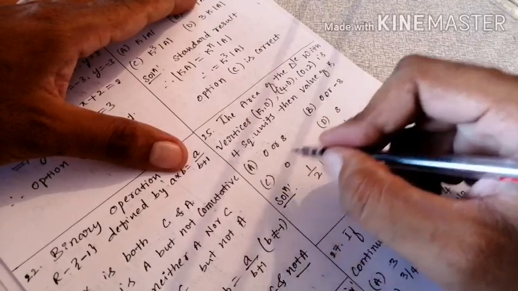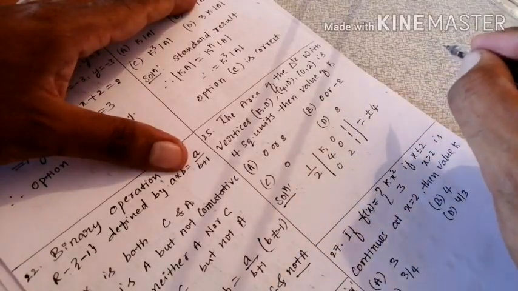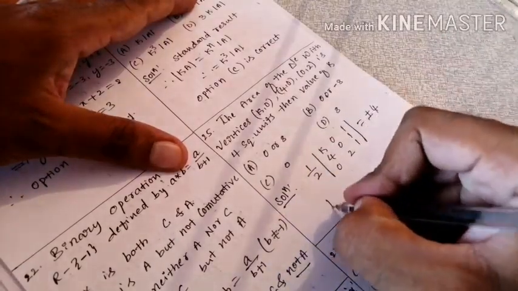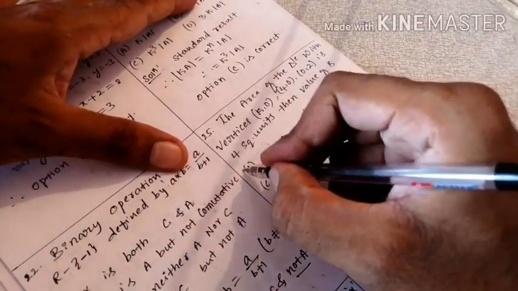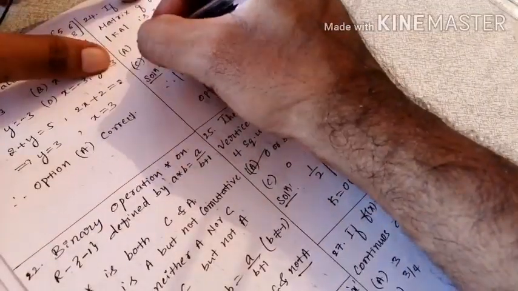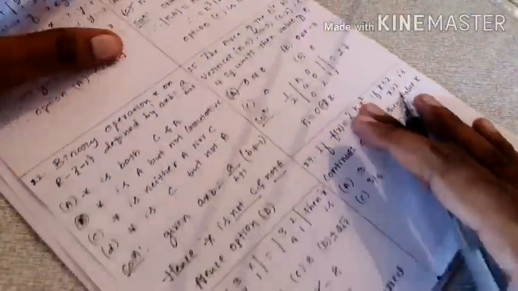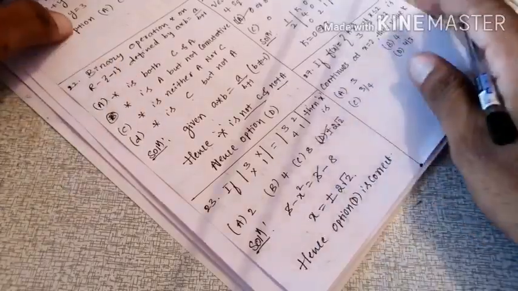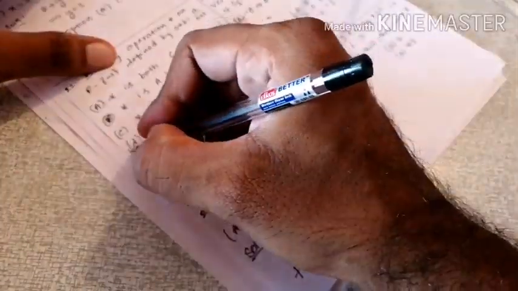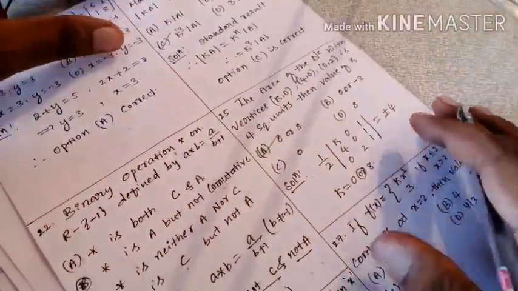So therefore C and D will not be possible options, and we know the k value is 0 or 8. Many number of times we did this, so that is the right answer. Here C is the right answer, here A is the right answer, and here option D is the right answer, and here also option D is the right answer. Once again we will continue.